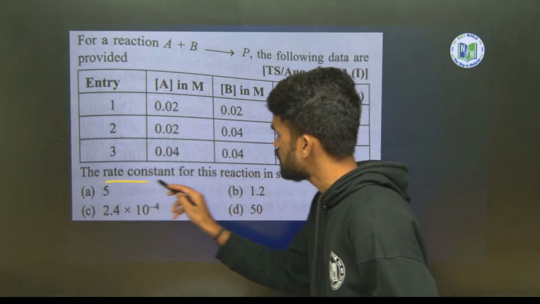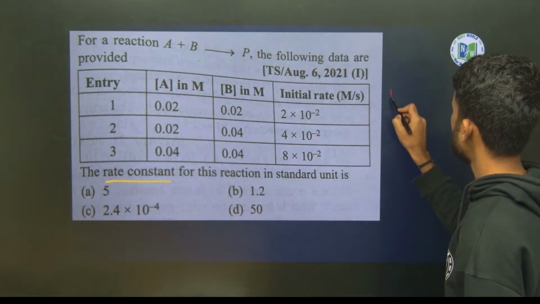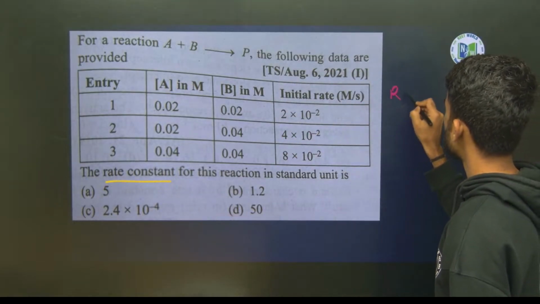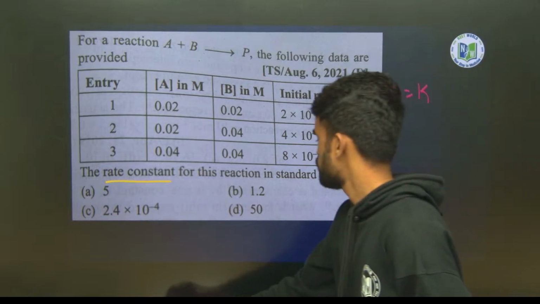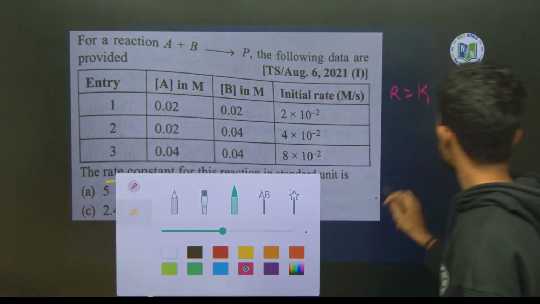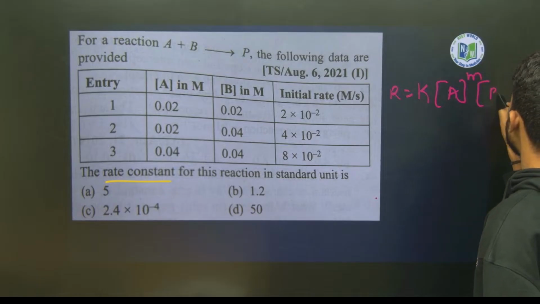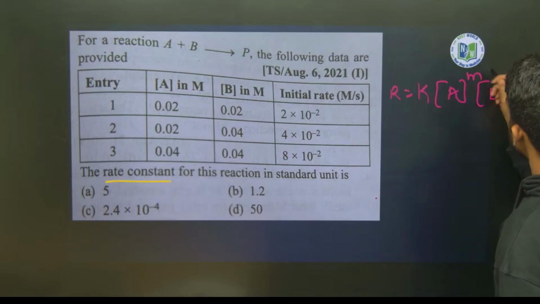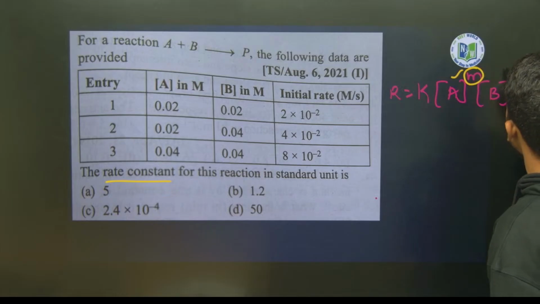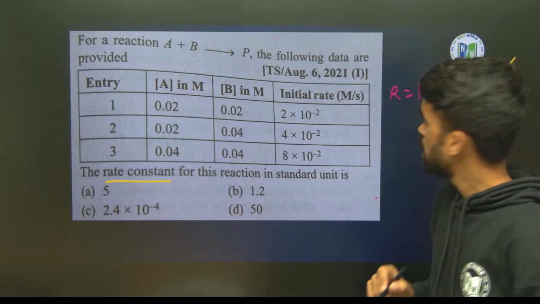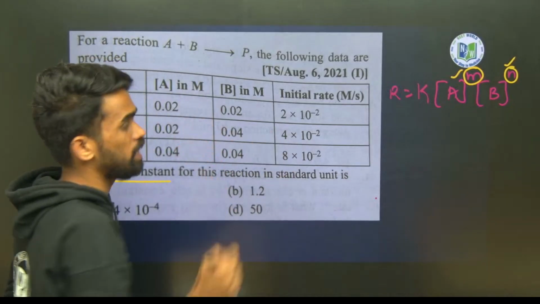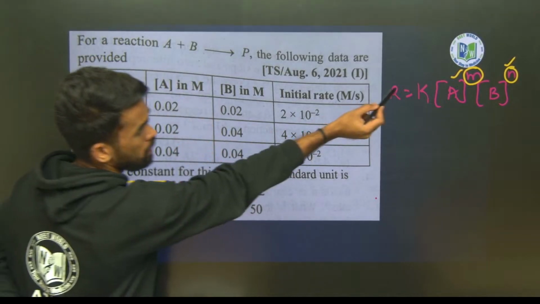In order to find this rate constant. We know rate equals k into concentration of A to the power m and concentration of B to the power n. By knowing the order with respect to A and order with respect to B, we can use this further data. So look at here, first of all find the m and n values.